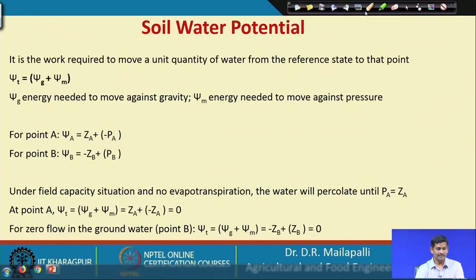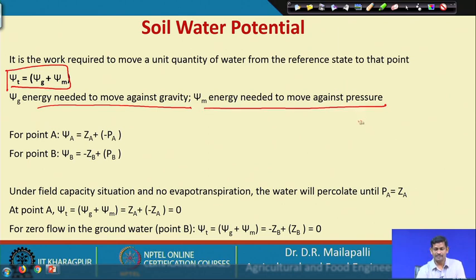Next, as we know, total psi t is psi g plus psi m. Psi g is the energy needed to move against gravity, psi m is the energy needed to move against pressure.